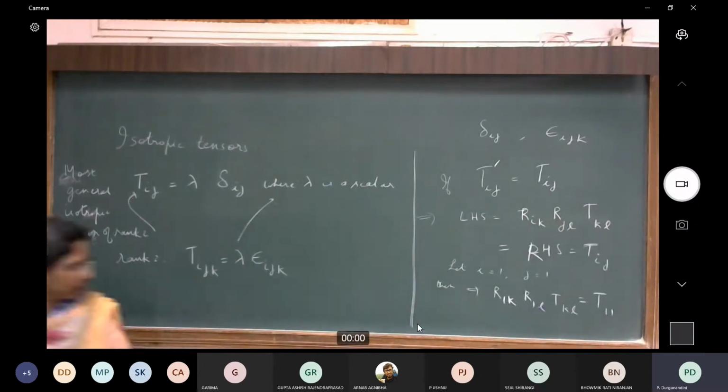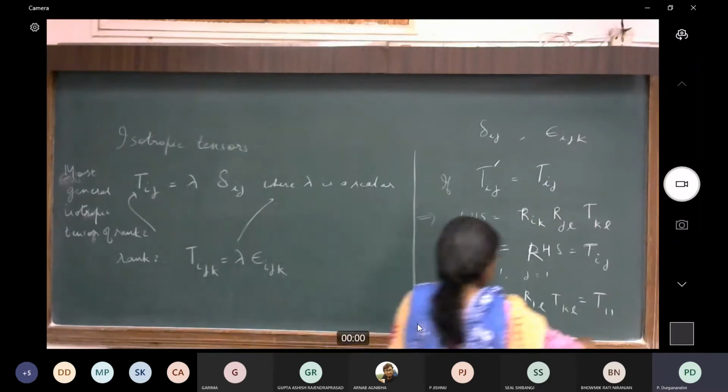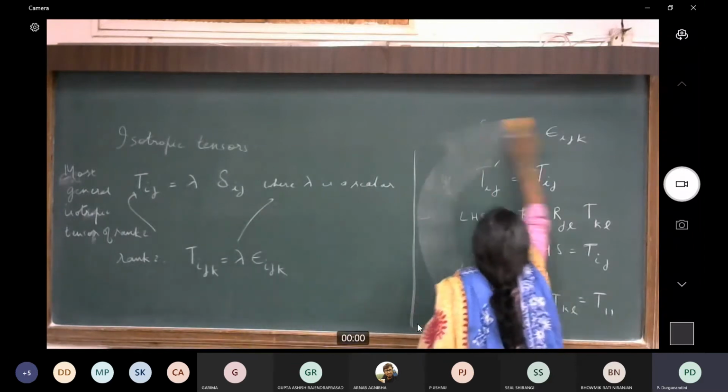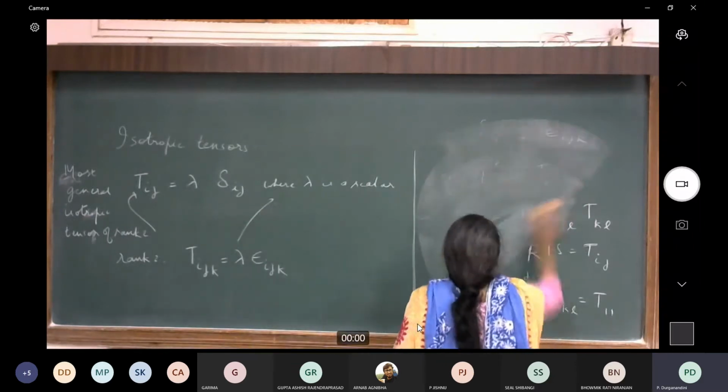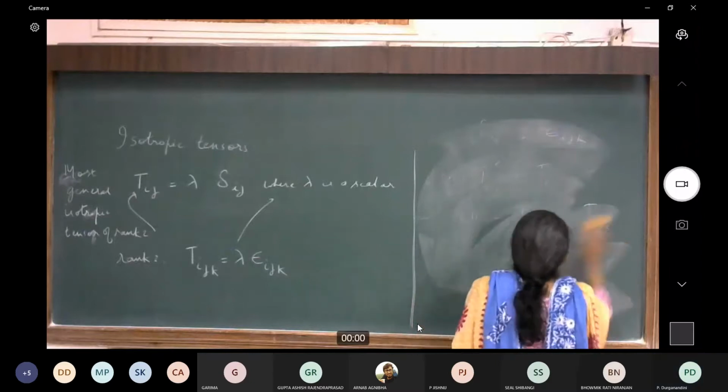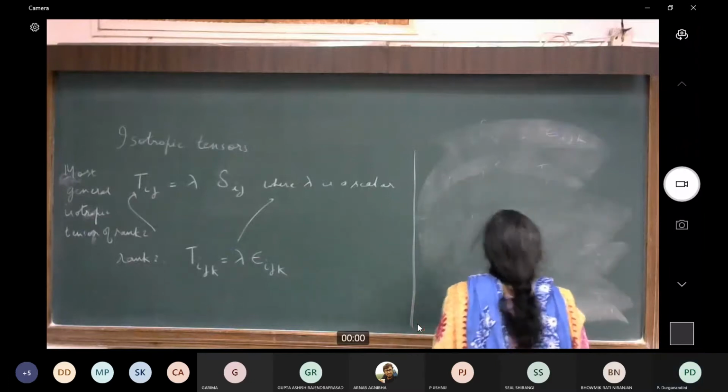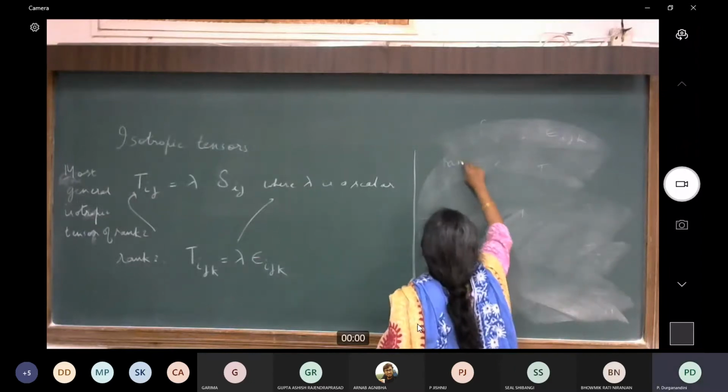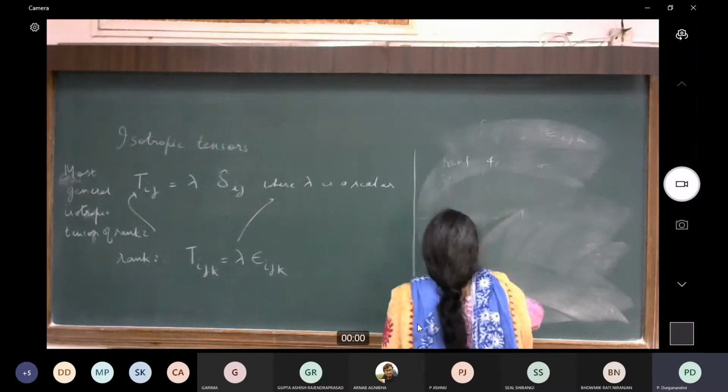Now I can ask, what about a rank 4 tensor? What will be the most general rank 4 tensor? At least can we write down an isotropic rank 4 tensor?